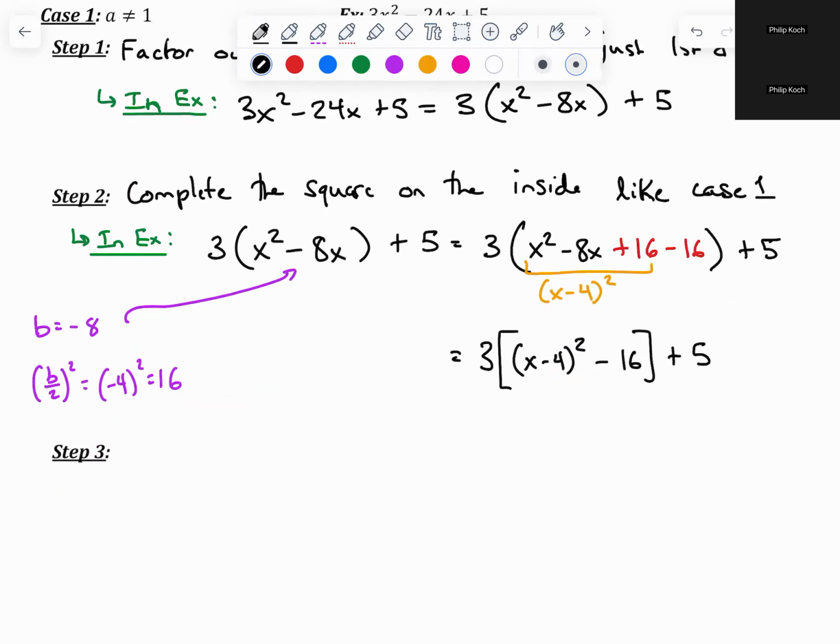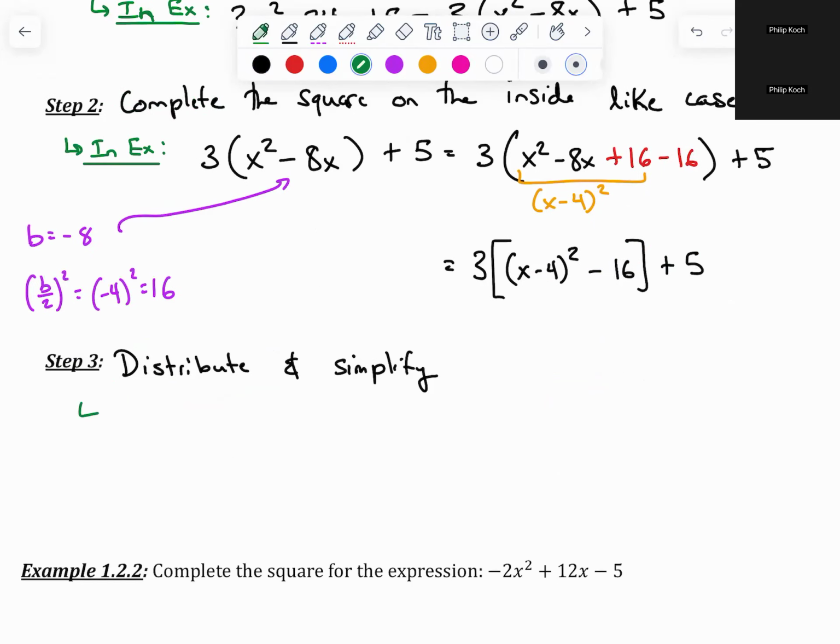Step 3. The last step is to distribute and simplify, to complete the square and finish it off. In the example, once again, we have 3 bracket, (x minus 4) squared minus 16, end bracket, and then plus our 5. So I'm going to distribute the 3 in.